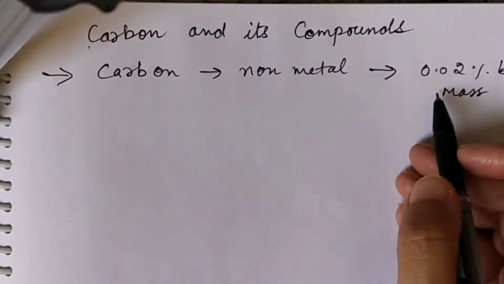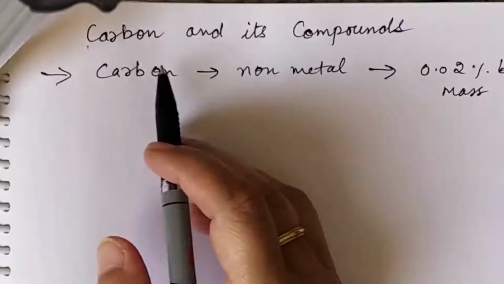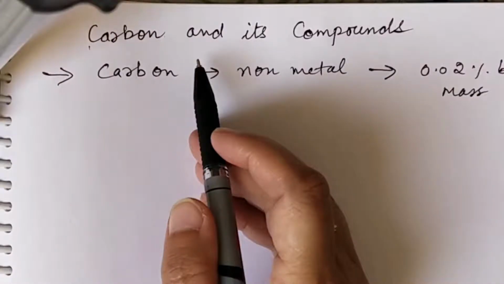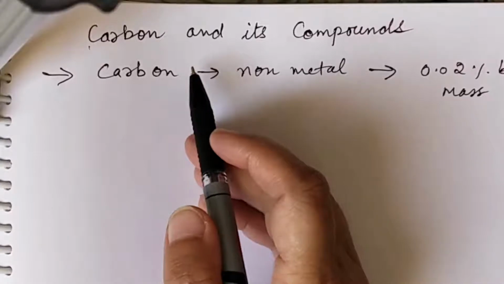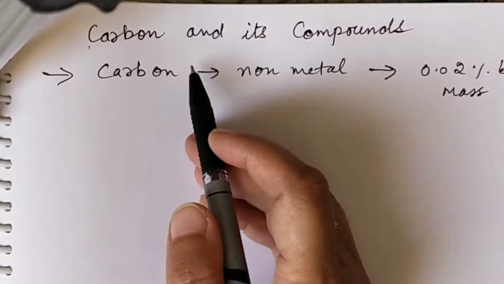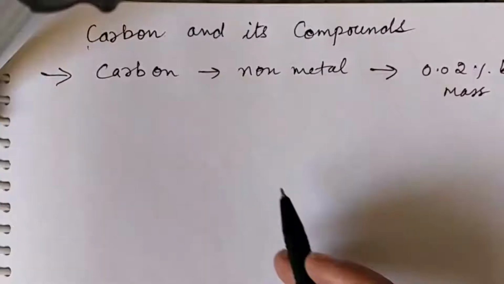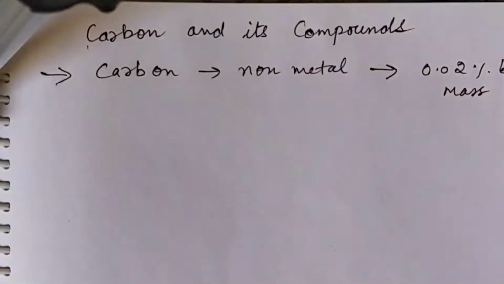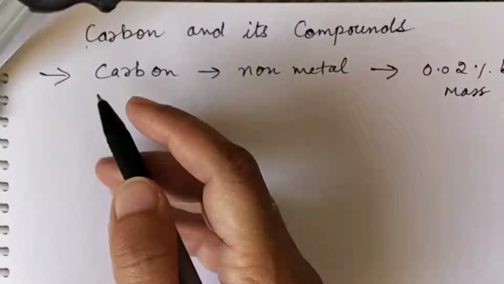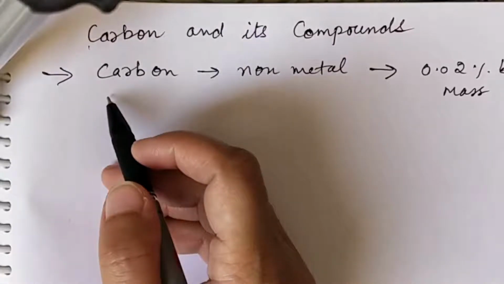Now, in this chapter, carbon and its compounds, what we are going to study is basically the hydrocarbons and the compounds that are made by carbon. So here we are discussing the related terms and all about carbon.